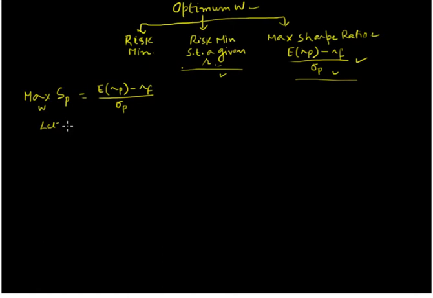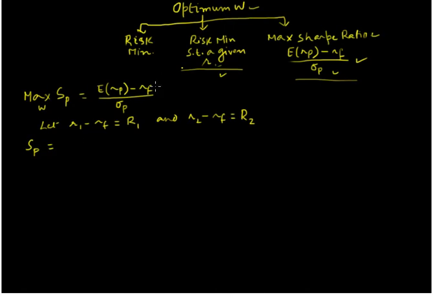Because a two-asset portfolio is going to be comprised of two assets and their returns, we are going to define the excess return on asset 1 as capital R1, and we are also going to define the excess return on asset 2 as capital R2, so that we don't have to write small r1 minus small rf and small r2 minus small rf every time. Using these definitions, let us rewrite the Sharpe ratio.